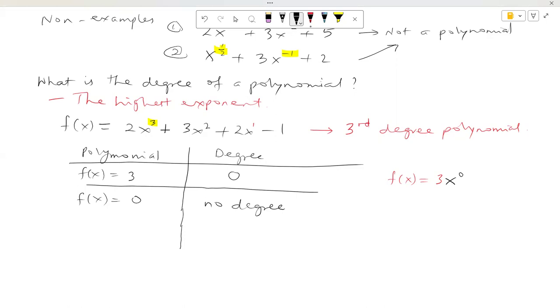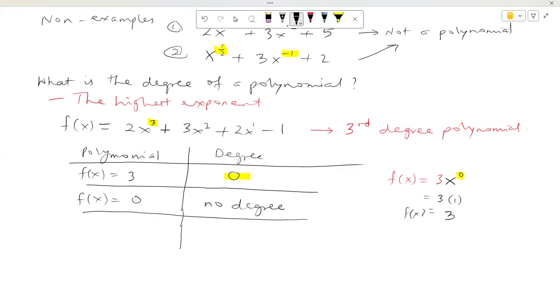So basically, what we have here is 3 times 1, and that gives me the 3, right? So f of x equal to 3. That's where this comes from. In other words, the exponent for the variable which is missing was 0. So the degree is 0. That's the reason. But 0 will not have any degree.